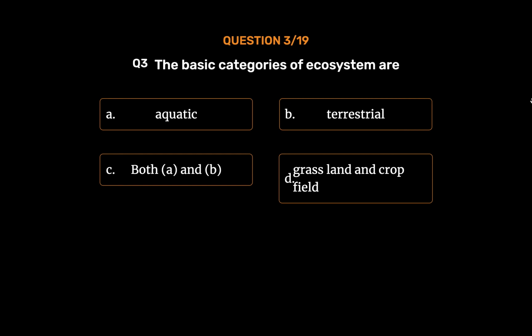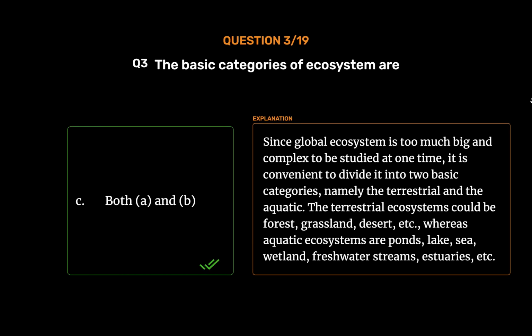The correct answer is Option C. Both A and B. Since the global ecosystem is too big and complex to be studied at one time, it is convenient to divide it into two basic categories, namely the terrestrial and the aquatic. The terrestrial ecosystems could be forest, grassland, desert, etc., whereas aquatic ecosystems are ponds, lake, sea, wetland, freshwater streams, estuaries, etc.